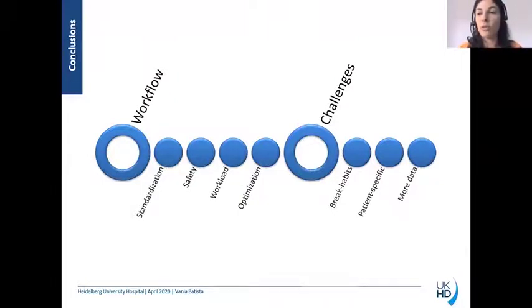You have information not only of the chest itself, but also the arm. You have a lot of information in real time for every fraction. That is a lot of data, so you need to understand how you can use this data to give you more information about the patient and not confuse yourself with so much data.